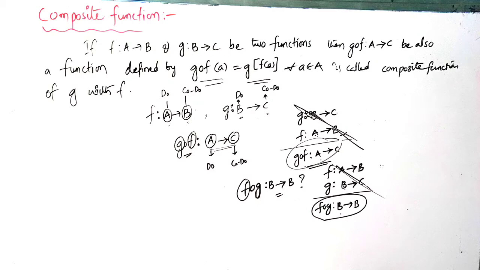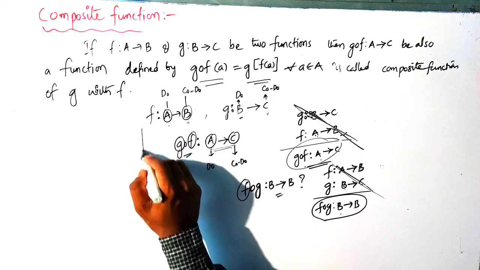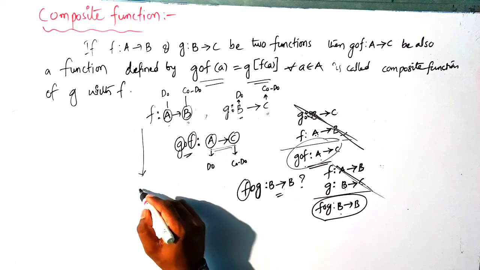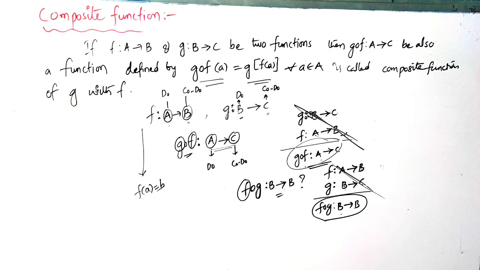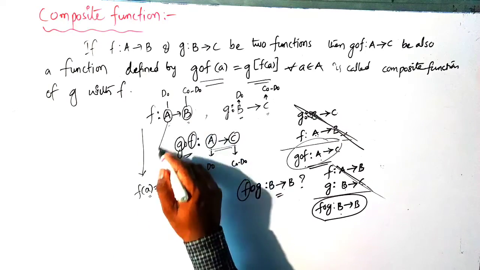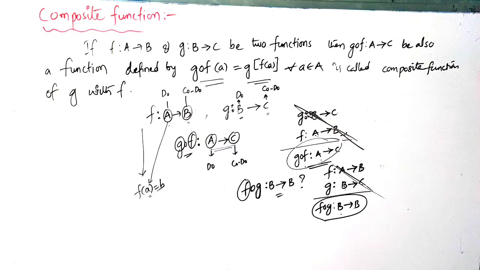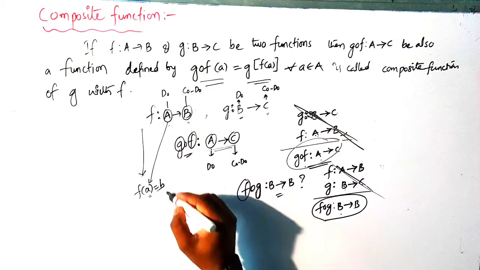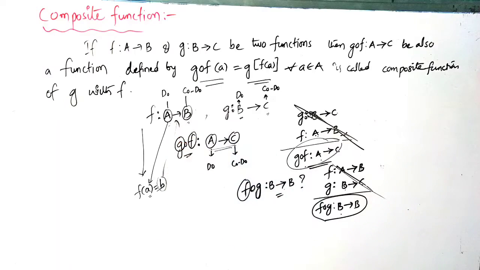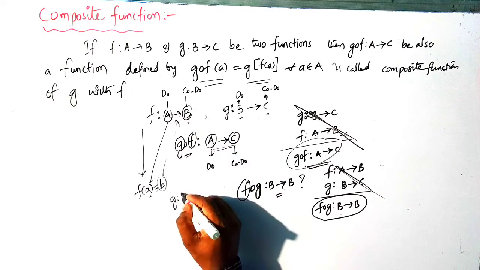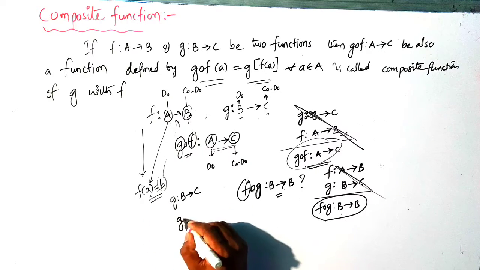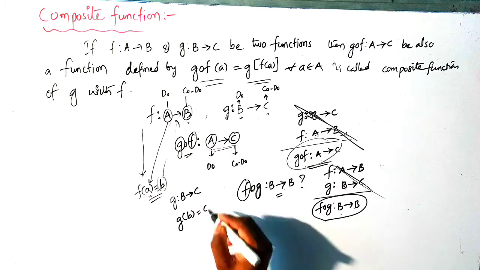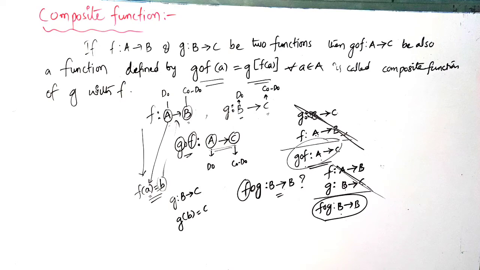So see here, f is a mapping from A to B, then f of a equals b we write here. F of a, a belongs to A, b belongs to B. Clear? G is a mapping from B to C, then by the same condition g of b equals c.